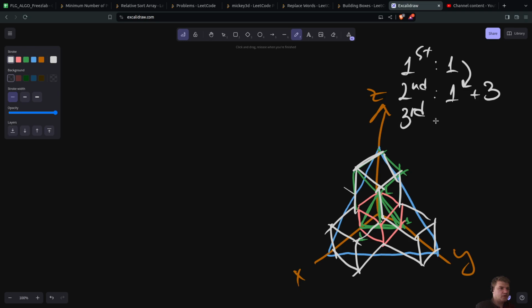On a third level I'm gonna have four boxes from the previous level plus one plus two plus three. So it's gonna be 10 boxes.